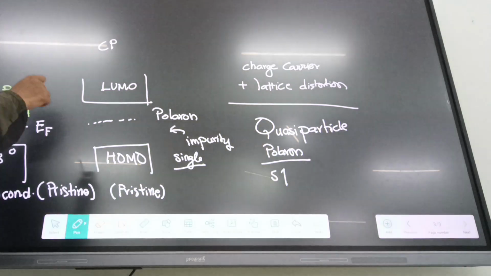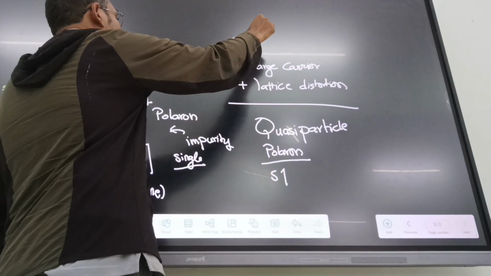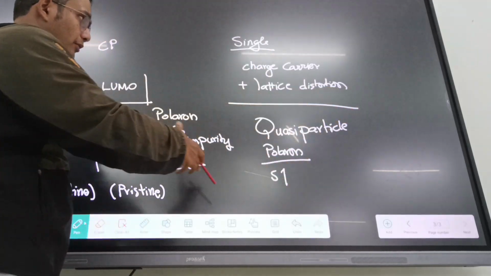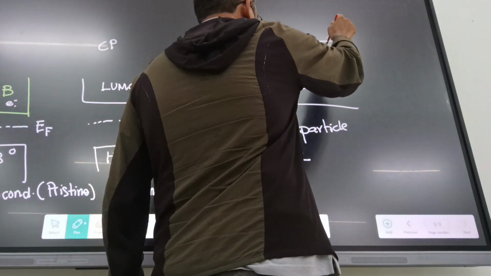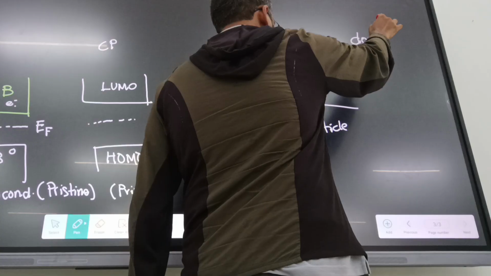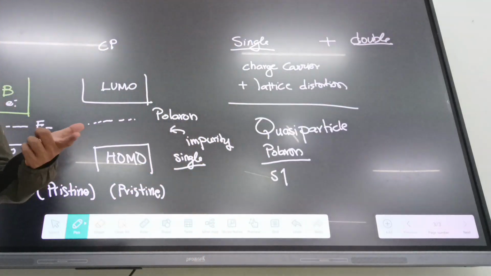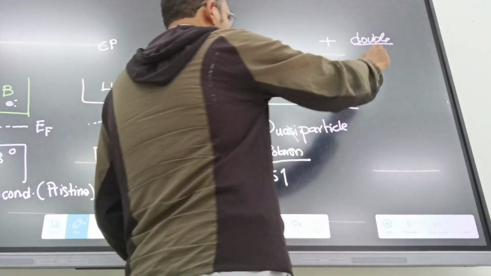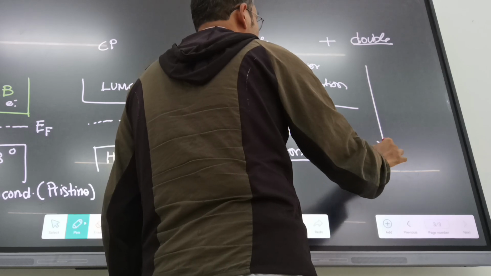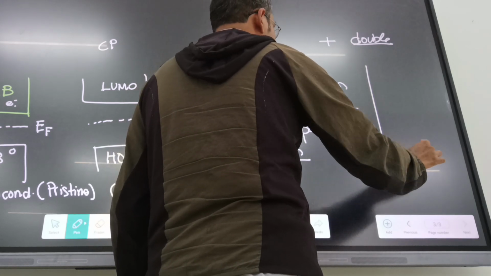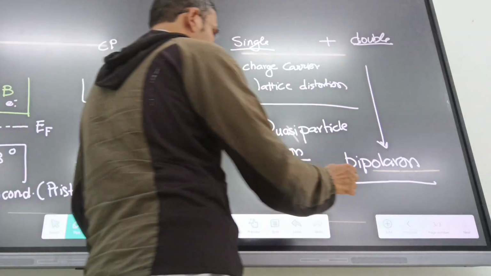Now this is for the case when we have introduced a single impurity, a single ion created here. Now if we add another, we make it a double impurity, so another polaron should form. Two polarons are formed. When two polarons are formed, that state is called a bipolaron. A bipolaron has a spin 0 state.